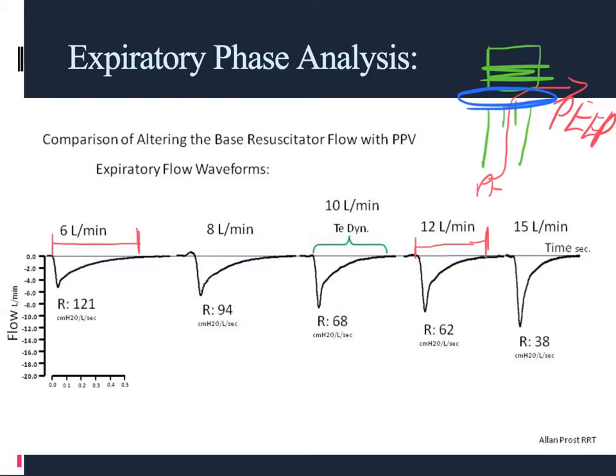This has implications for our patients in that, one, if they were spontaneously breathing, there is the ability to exhale quickly and effectively. But even in this example where we're mechanically ventilating the patient, you can see that if we are using really low flow rates, such as 8 liters per minute, we're going to have quite a prolonged expiratory phase before we can get back to zero flow.